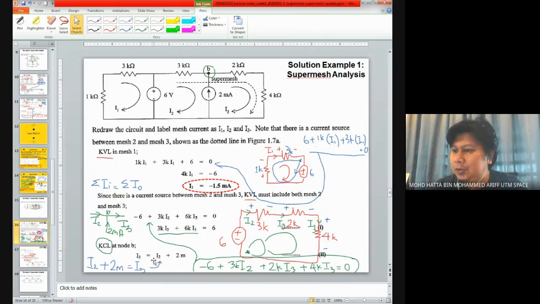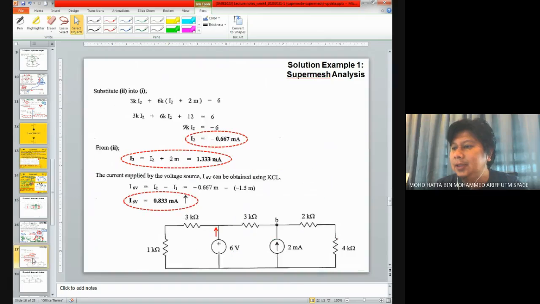You can substitute this equation into the other to get I2, or maybe rearrange it: I2 equals I3 minus 2 milliampere, and substitute inside this equation. The rest should be mathematics. The way you solve depends on your preference.